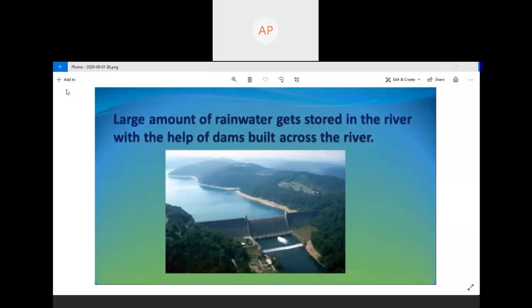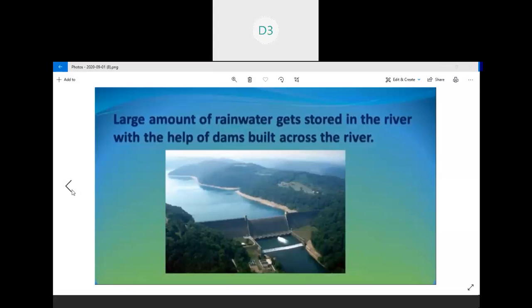What is a dam? Okay, it is used to store water. No, no one is giving me the exact answer.